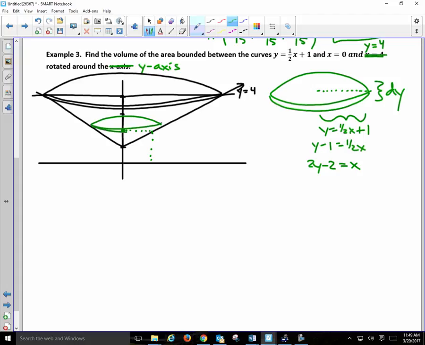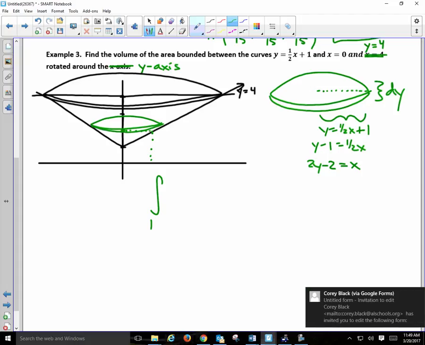We're going to do washers later. So as we stack these discs on top of each other, at what height do we start to stack them? We start to stack them at 1. At what height do we stop stacking them? 4. See the difference?